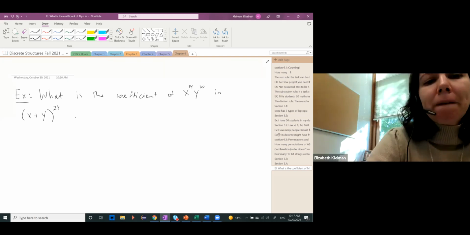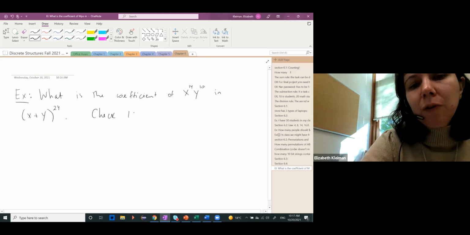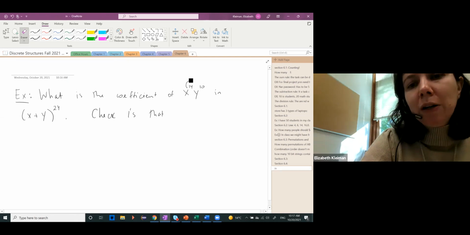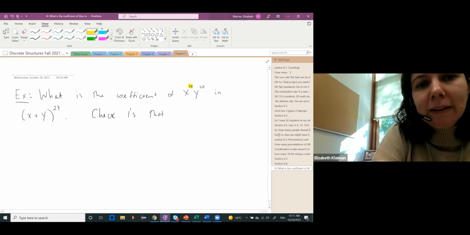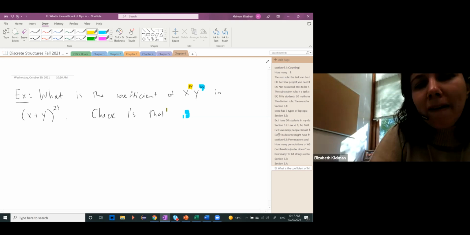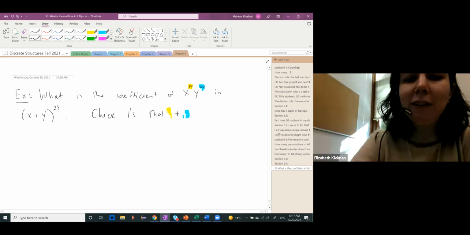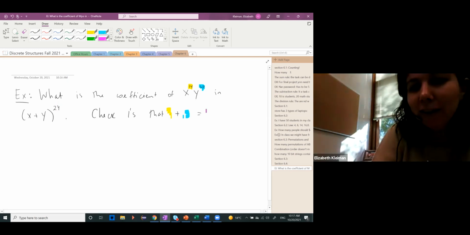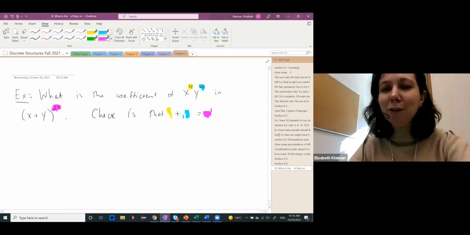So first I'm going to check that the powers add up to n. If it's not equivalent, this term is not part of it.